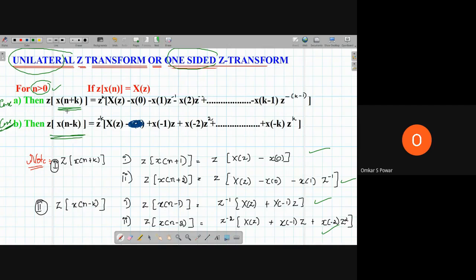So Z transform for n plus k is z to the power of k whole into X of z minus x of 0 minus x of 1 z to the power of minus 1 minus x of 2 z to the power of minus 2 minus x of 3 z to the power of minus 3 and so on, up till minus x of k minus 1 into z to the power of minus of k minus 1. So this is the expansion for z transform of n plus k.